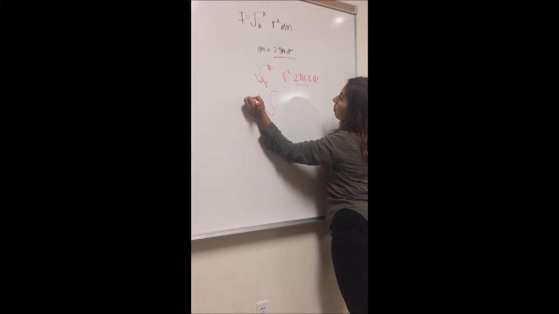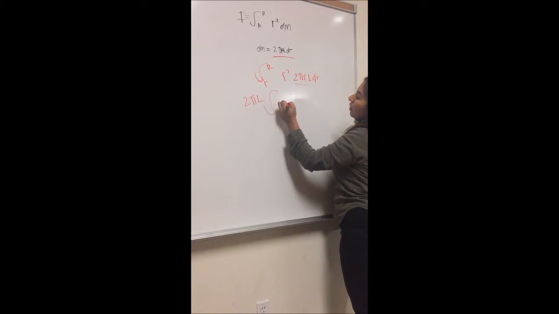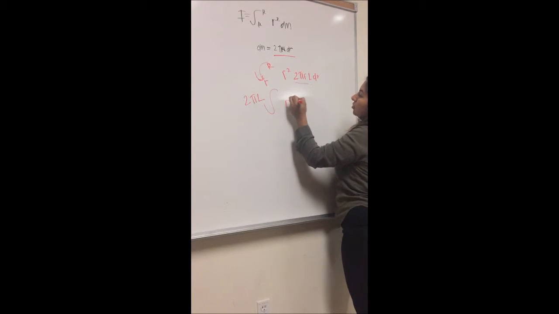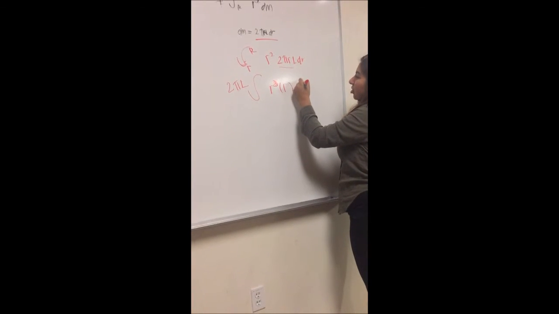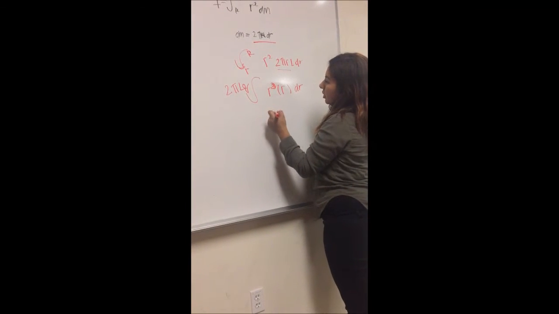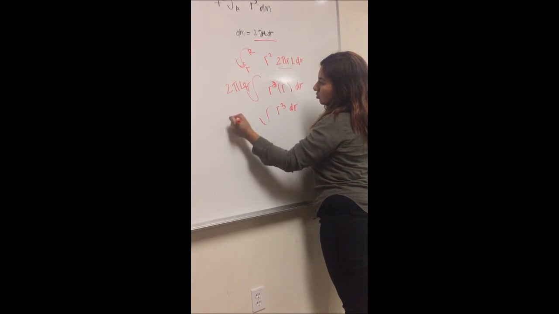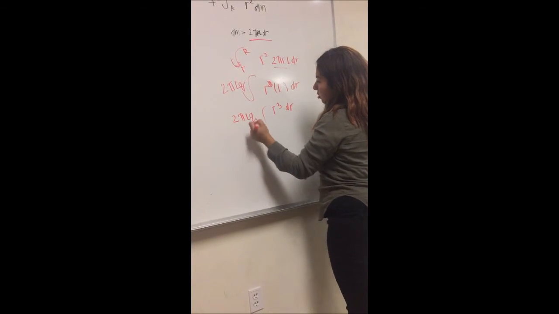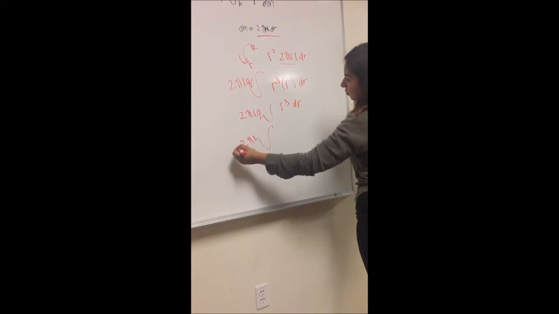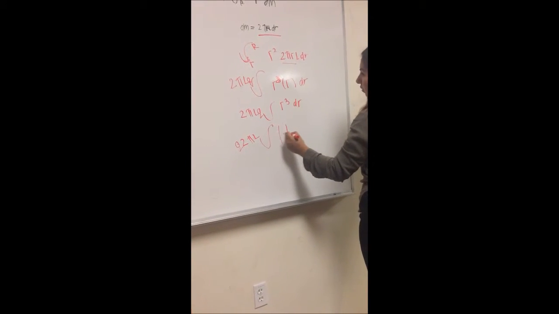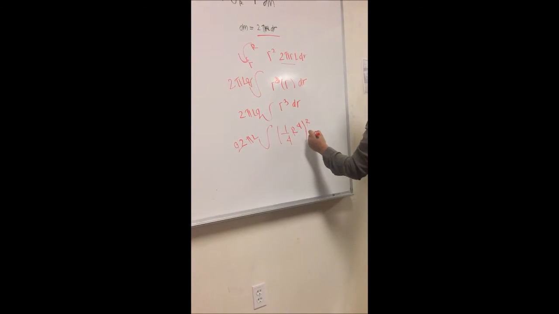So it'll be 2 pi L, and we're gonna have r squared times r, so r cubed dr, and we factor out the rho outside. Integrating this, we have 2 pi L rho times 1/4 r to the 4th with the limits of big R and little r.